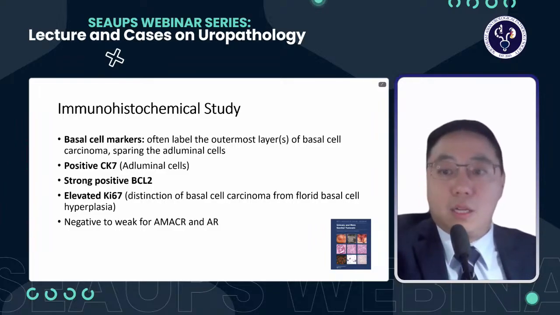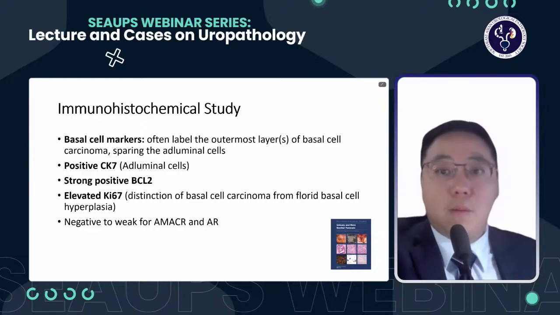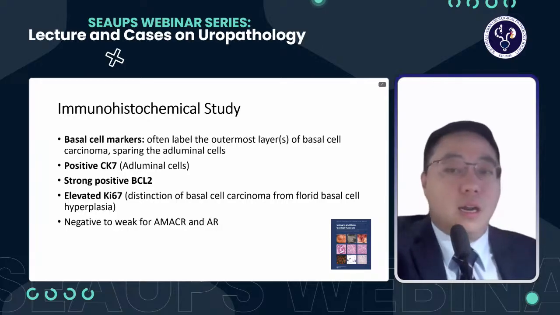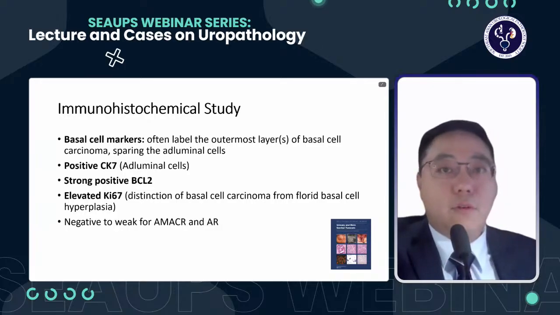BCL2 is strongly positive, which is a characteristic feature of adenoid cystic carcinoma. Ki67 proliferation index is high, helping to distinguish this malignancy from basal cell hyperplasia, which generally shows low Ki67. Additionally, this tumor is negative to weakly positive for AMACR or racemase and androgen receptor.